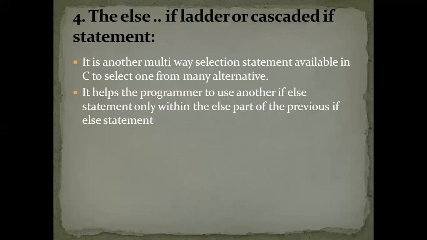The fourth statement is the else if ladder, or we can also call it a cascaded if statement. It is another multi-way selection statement available in C programming language to select one from many alternatives. Listen carefully.